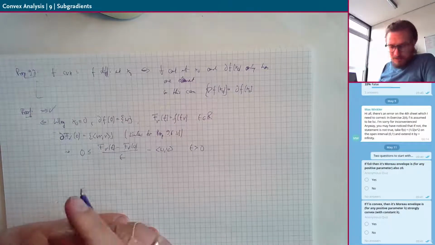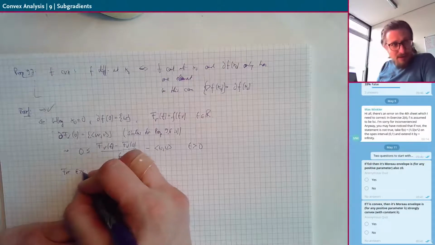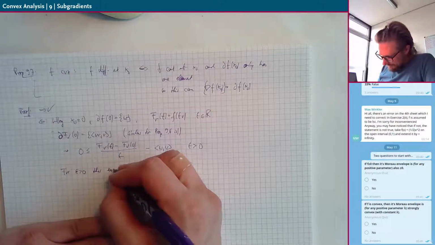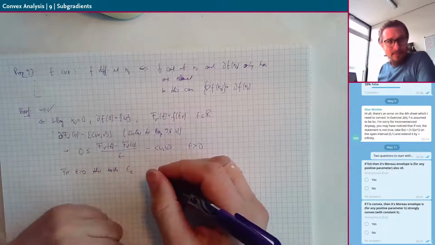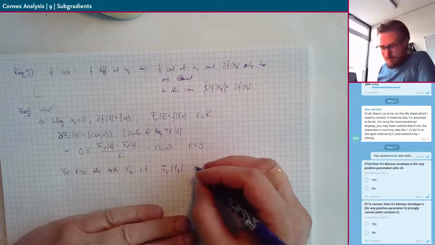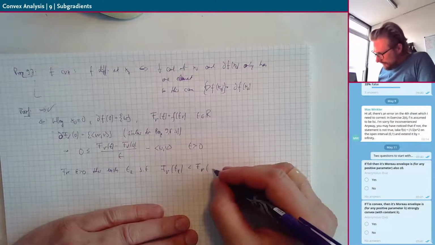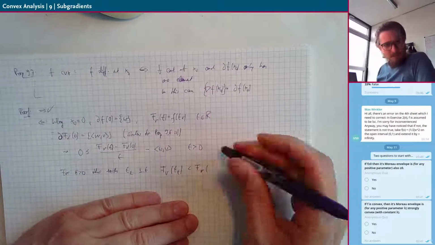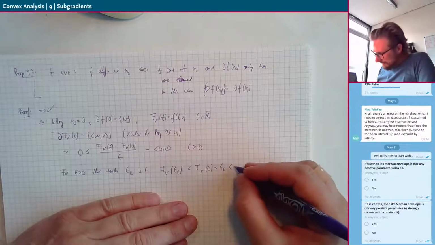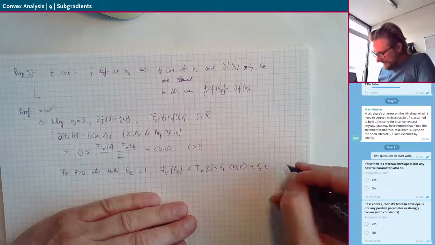So that's one thing. On the other hand, for positive epsilon, there exists a t_epsilon such that F_v of t_epsilon is smaller than F_v of 0 plus t_epsilon times w times v plus t_epsilon times epsilon.